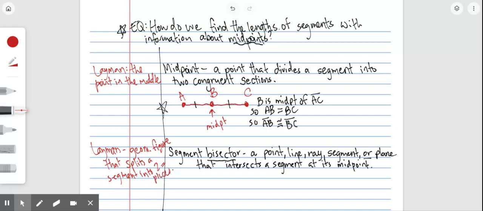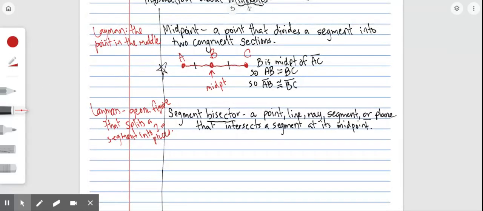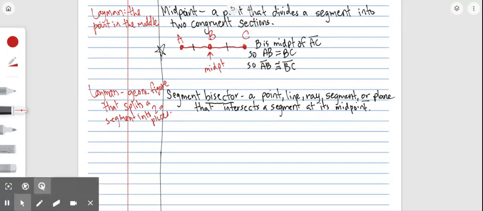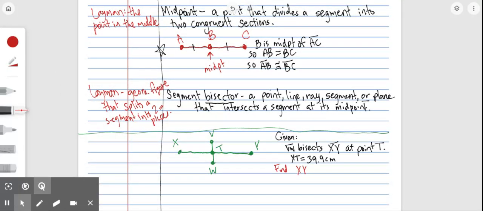I get that because a geometrical figure is a point, line, plane, segment, or ray, and it splits the segment into two equal pieces because that's what the midpoint does. That is what a segment bisector is. That's what it does. So we're going to talk about finding segment lengths using a segment bisector or a midpoint. Our first example is this diagram.